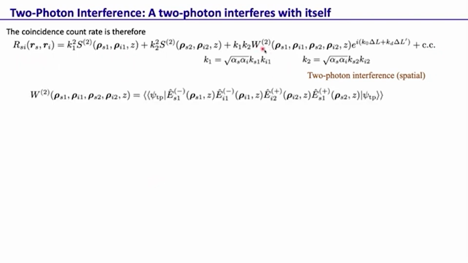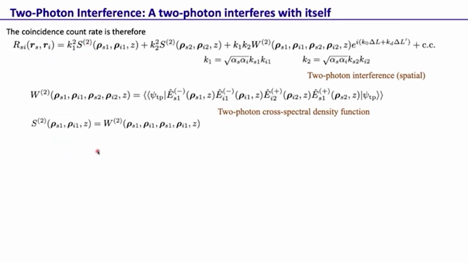Now this W2(rho_S1, rho_I1, rho_S2, rho_I2), which is defined like this, we can call the 2 photon cross spectral density function. This terminology is coming from 1 photon interference or the classical interference, where the first term was the spectral density and the cross terms we call the cross spectral density. Since this involves 2 photons, we are calling it the 2 photon cross spectral density function.